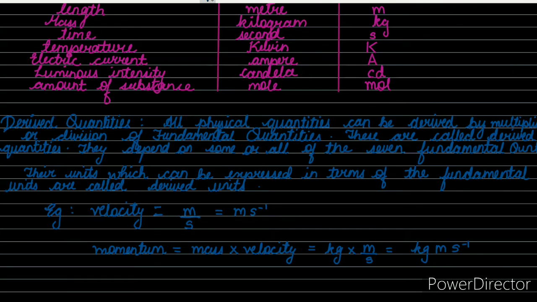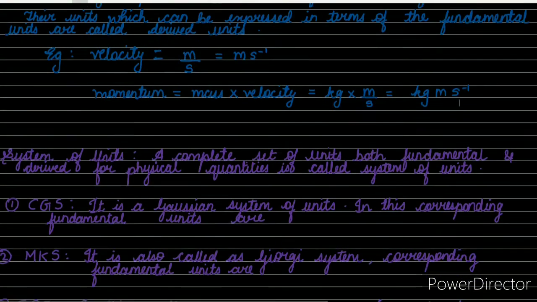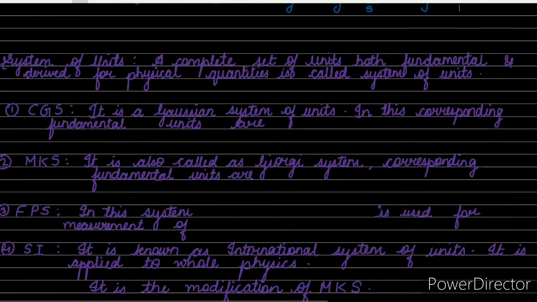Okay, so let's move ahead and talk about some systems of units. Let's talk one by one. A system of units is a complete set of units, whether for fundamental or derived quantities, for physical quantities. In the system of units, there are four types.